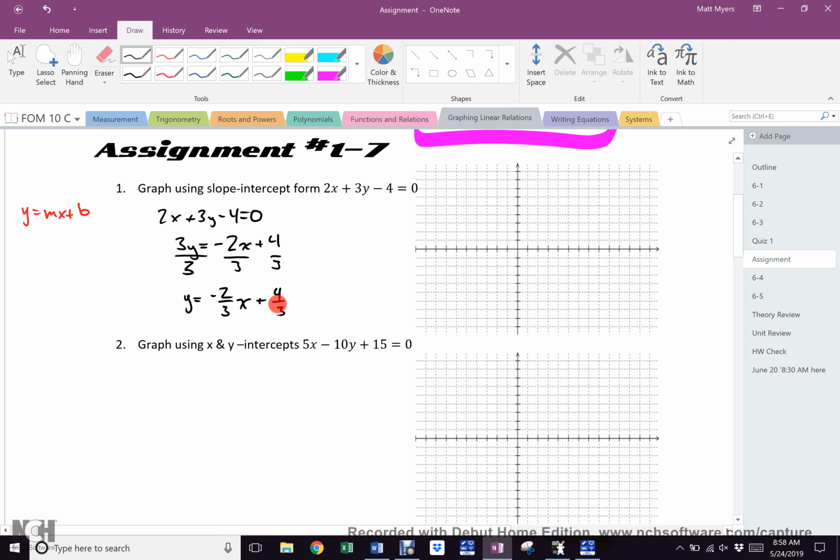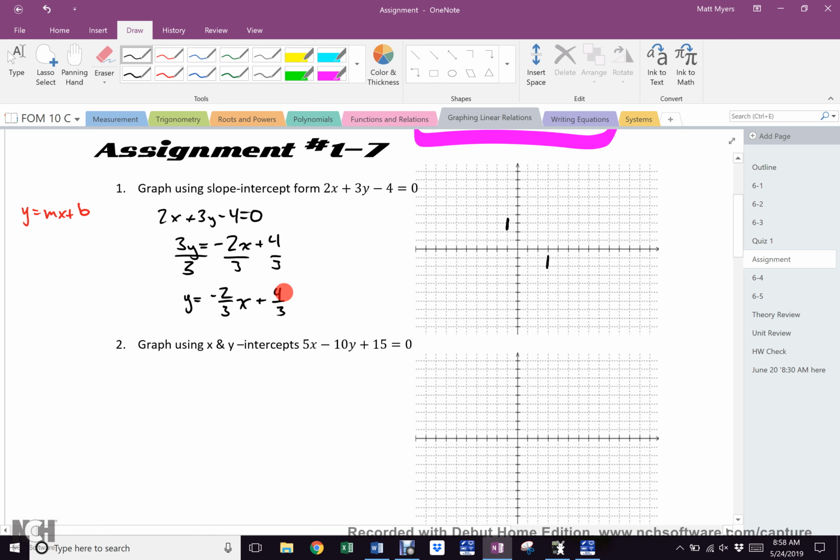Now, when I come over to here, I have a choice, and I'm going to graph it twice, depending on how you graphed it. I can either go 1, 2, 3 and make that 1. And I can go 1, 2, 3 and make that 1. That makes this how many thirds? 3/3, because it's 1.